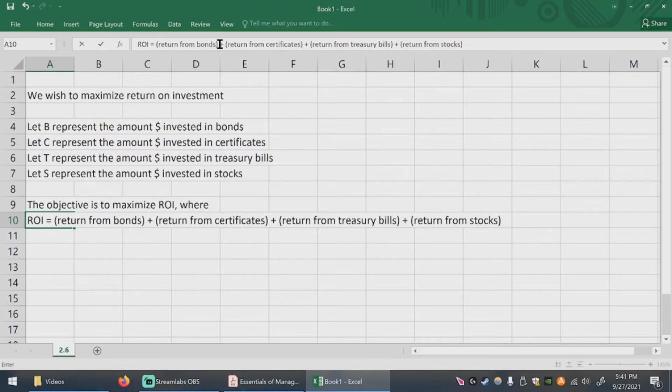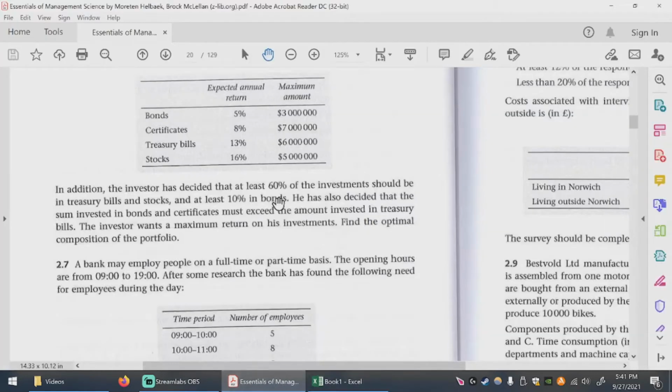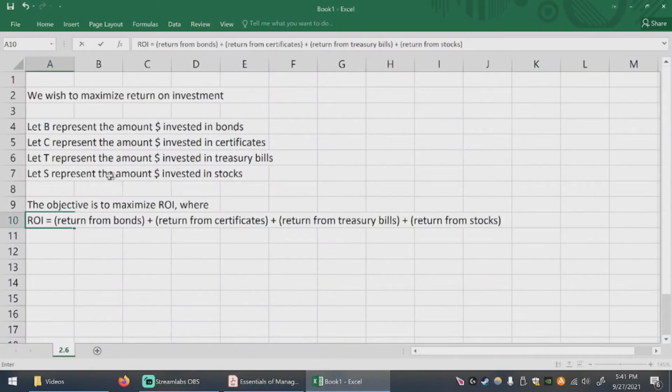I can then go in and say, okay, what is the return on bonds? Well, it is 5% of the amount that I'm investing. And I'm investing B dollars. Therefore, the return on bonds is 0.05 times B. Don't need the brackets.